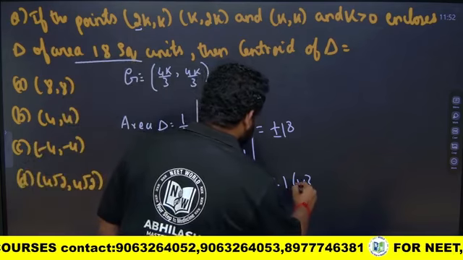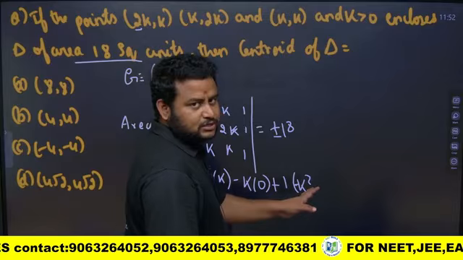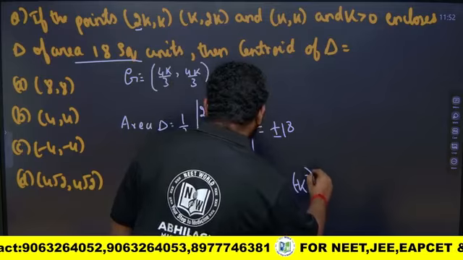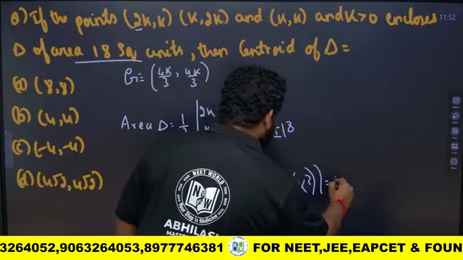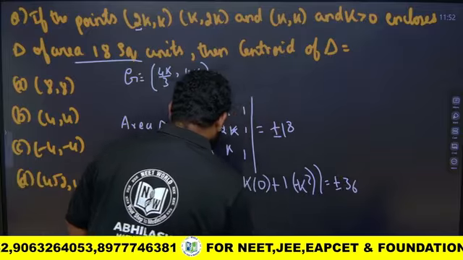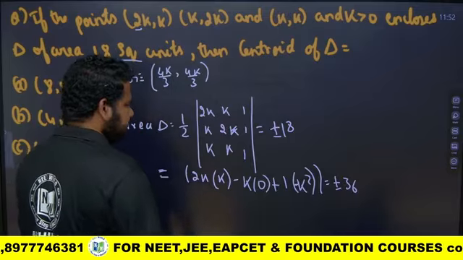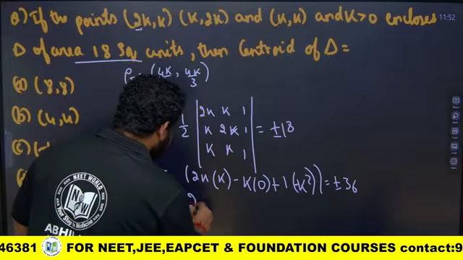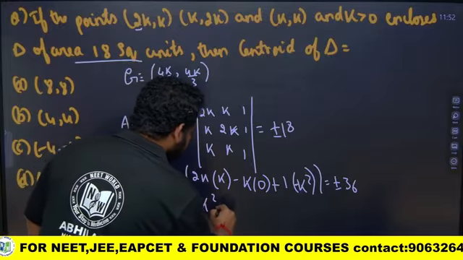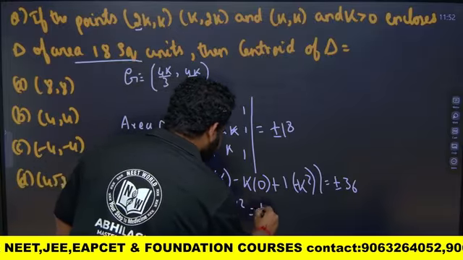So this will become minus k square. This is equal to plus or minus 36. Instead of writing 2 here, I will write it as 36. Now if you see this, you will get k square equals plus or minus 36.